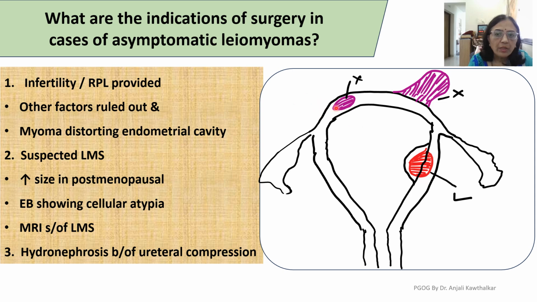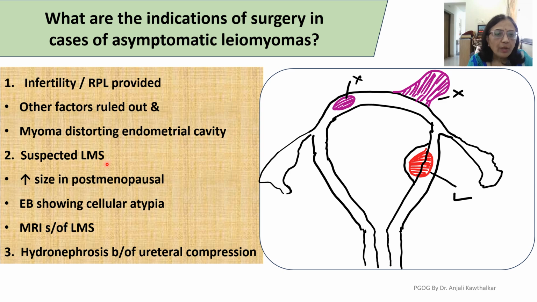If it is only intramural or subserous, then it should not be touched. It should not be operated even if the patient has infertility or recurrent pregnancy loss. It should be distorting the endometrial cavity, and all the other factors for infertility and RPL are to be ruled out. Then only myomectomy should be considered.